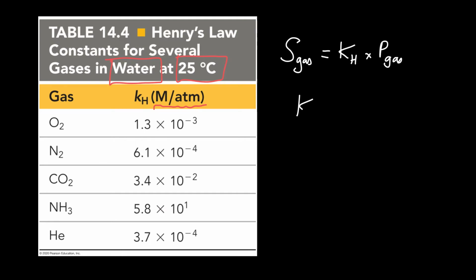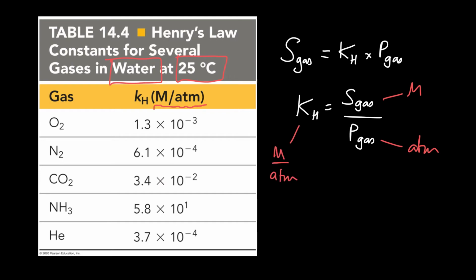And so we can get the Henry's law constant by rearranging and saying it's the solubility of the gas in the liquid divided by the pressure of the gas above the liquid. Solubility is going to have units of whatever you like, but moles per liter, molarity, is very common. Pressure can have units of whatever you like, but atmospheres are very common. And so that means that K itself is going to have units of molarity per atmosphere. So it makes total sense.